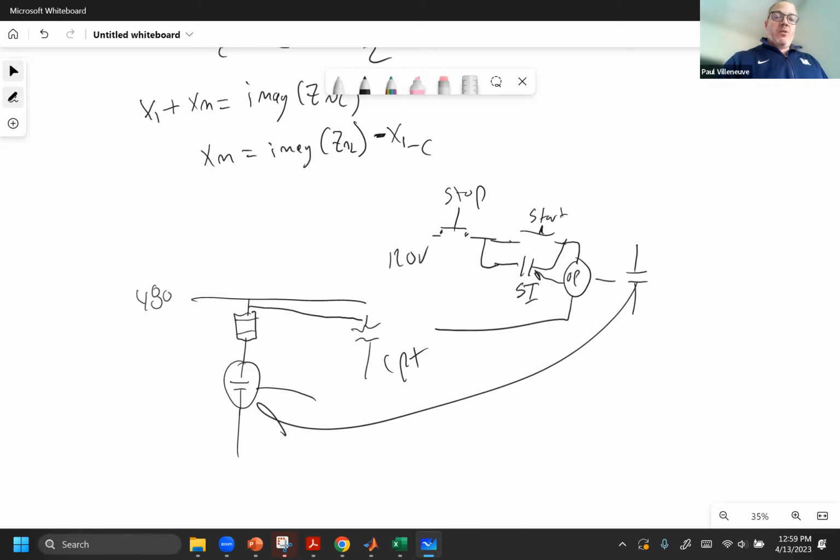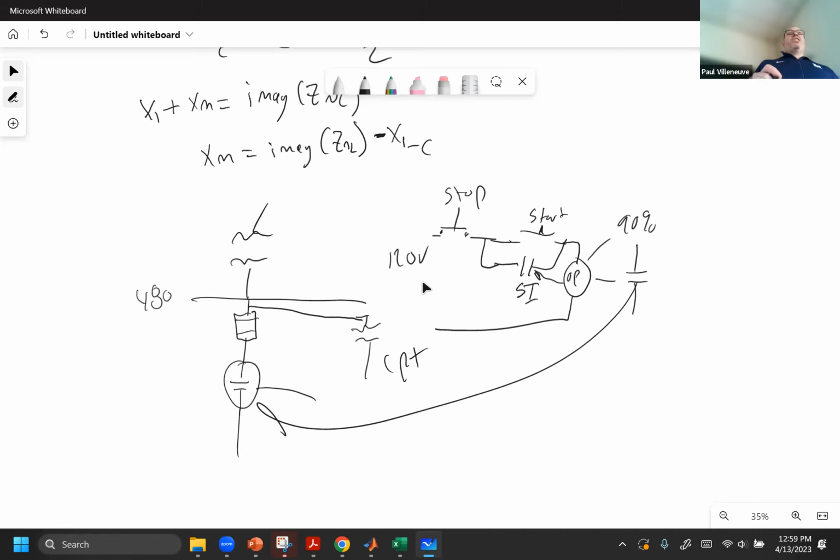So let's do it more accurately. The problem is that this device, this contactor, drops out if the voltage is less than 90% voltage. Well, this is 480, but this is typically fed from some kind of a transformer.